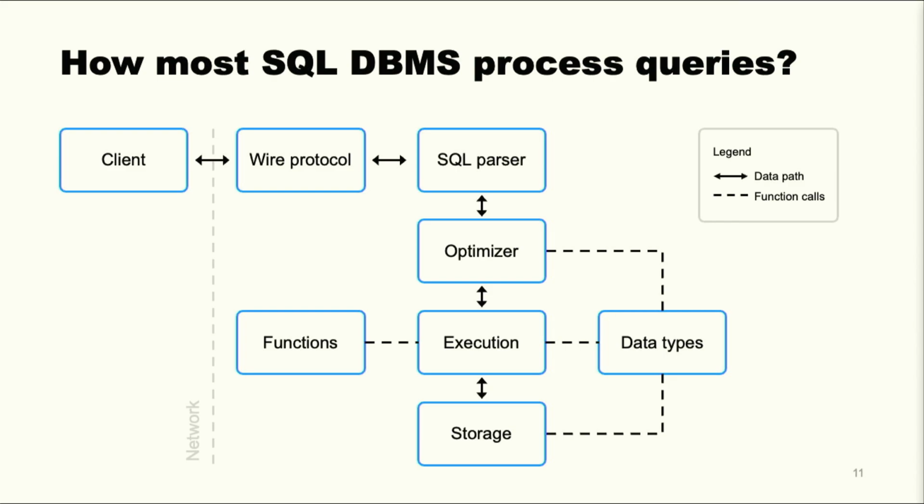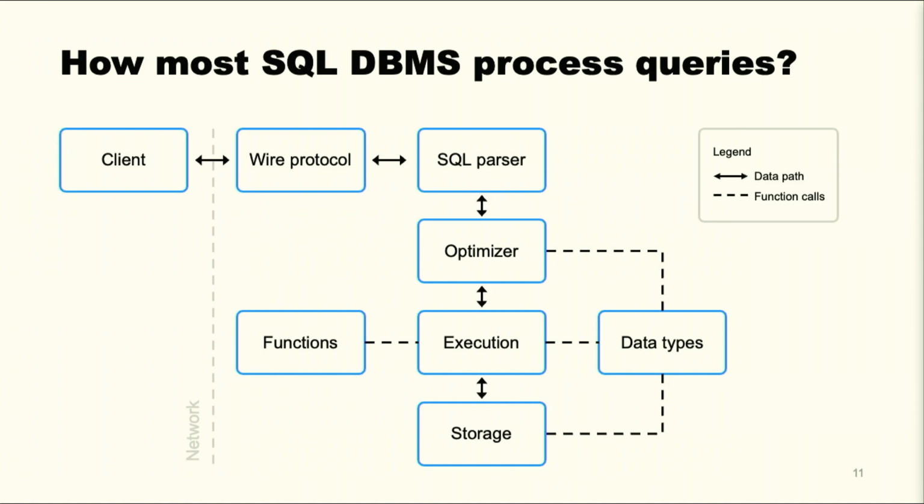So the client usually prepares a query on their side and sends it over the network using some sort of wire protocol. Wire protocols for databases are not standardized, so most DBMS have their own. And Postgres has its own protocol, and it has a specification of what needs to be sent over the network, and what all these client libraries and tools send.